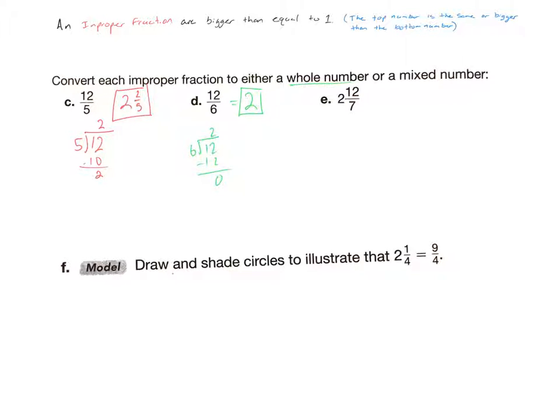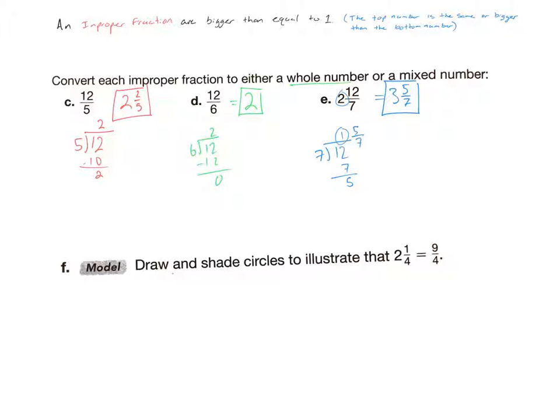So let's look at 12 divided by 7. It goes in that 1 time. Get 5. So it's going to be 1 5/7. Okay? So this one and those 2 right there is going to equal 3 5/7.